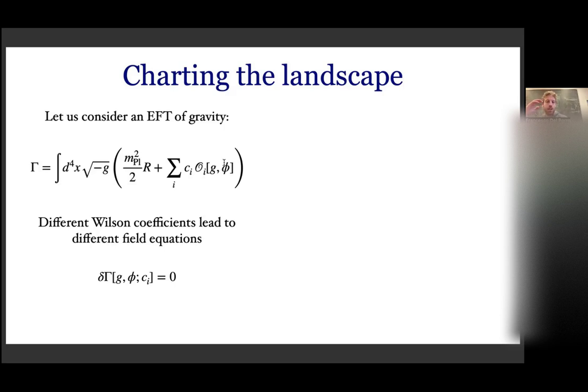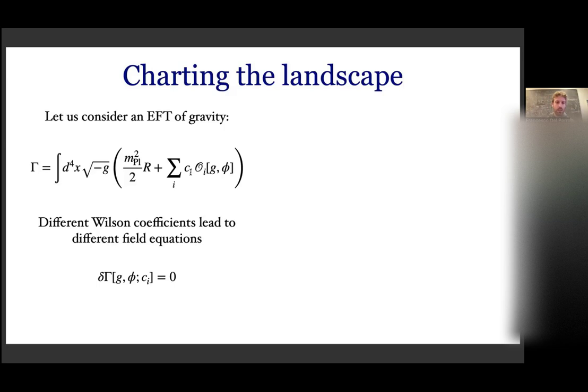And the shape of these operators O_i and their couplings C_i, which we will refer to as Wilson coefficients, basically determine the shape of your effective field theory. This, of course, will be valid up to some energy scale, which is fixed by quantum gravity.